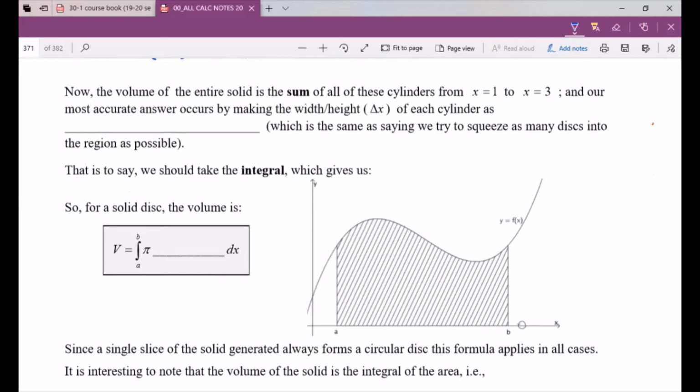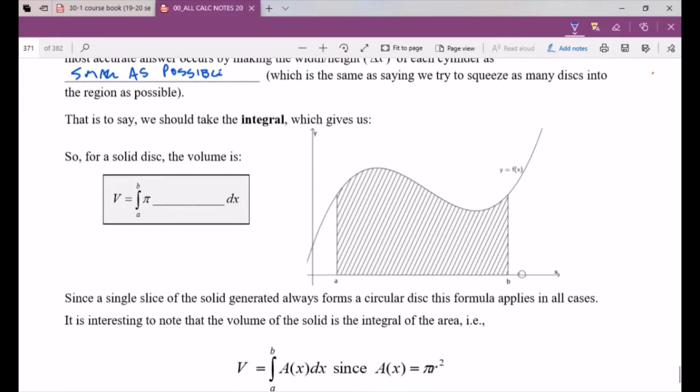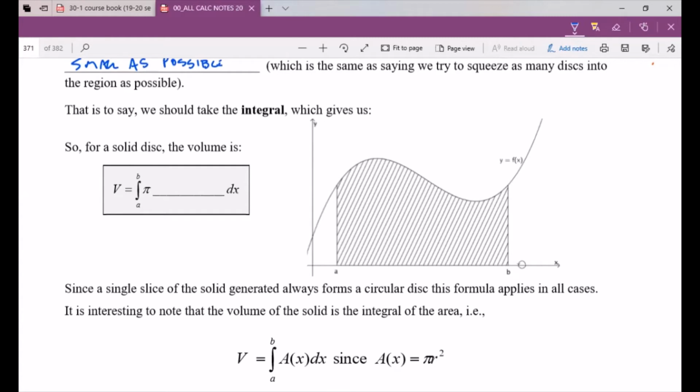And our most accurate answer comes from making each cylinder as thin as we can, or making delta x, the width, as small as possible, which is the same as trying to squeeze as many disks into this region as possible. So therefore, we should be taking the integral of this.